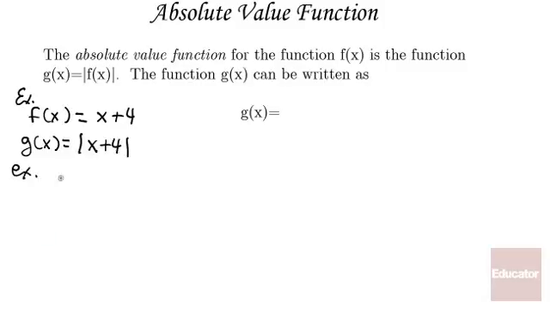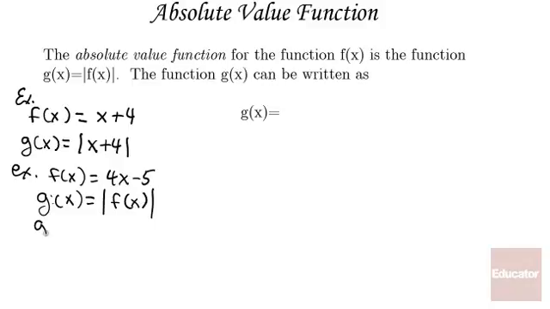Or another example, maybe f of x is 4x minus 5. Then g of x, I'm saying g of x is the absolute value of f of x. Then that means that g of x is the absolute value of 4x minus 5.